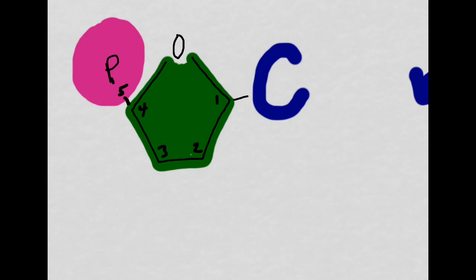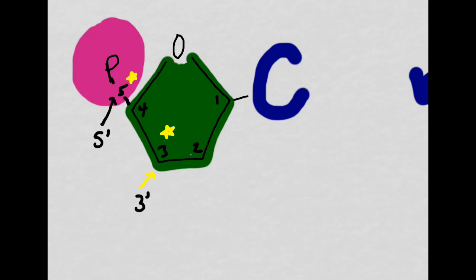So, who are the important carbons? Of course, they're all important, but the ones that we have to know by number here are number 3 and number 5. And the sugar is the central component, so we say these are the prime carbons. We will refer to this carbon right here as the 3 prime, and it looks like an apostrophe, 3 prime carbon, and we'll refer to this carbon as the 5 prime carbon.